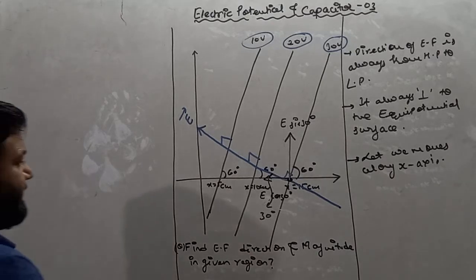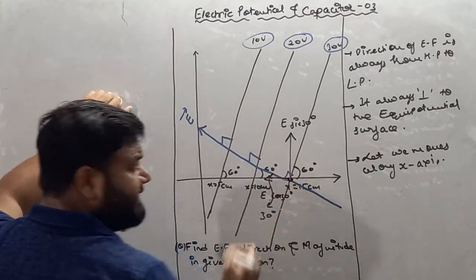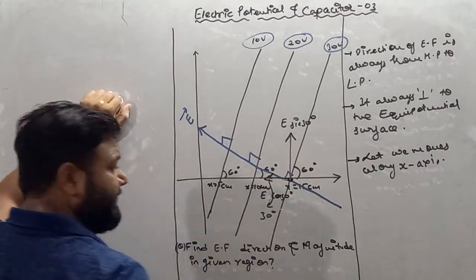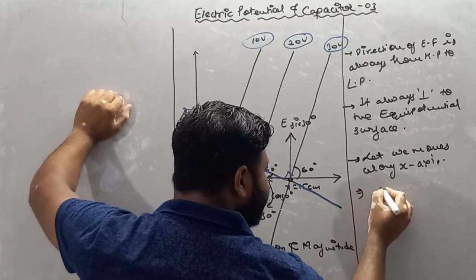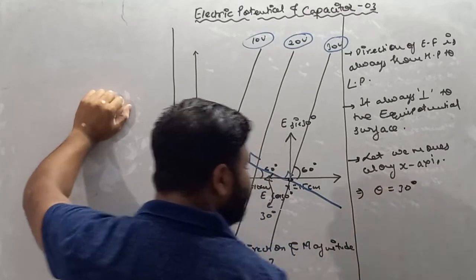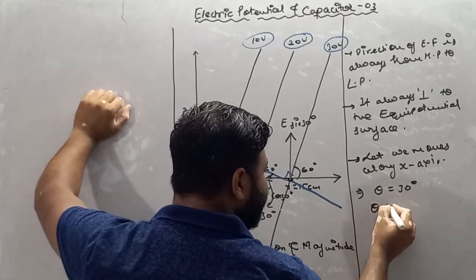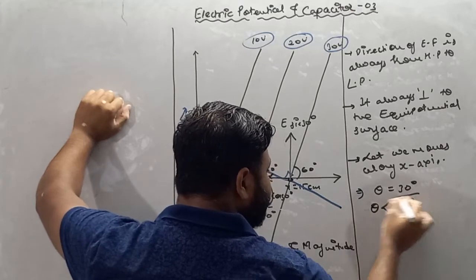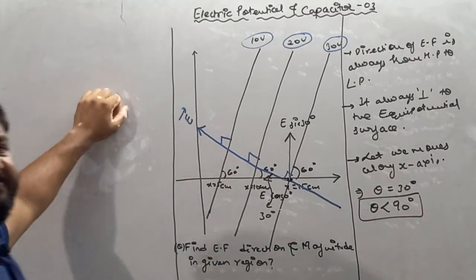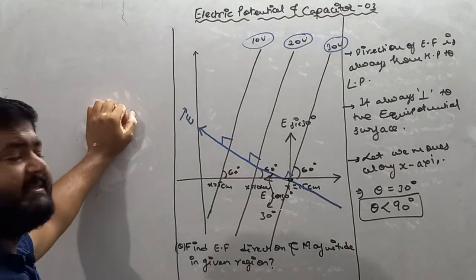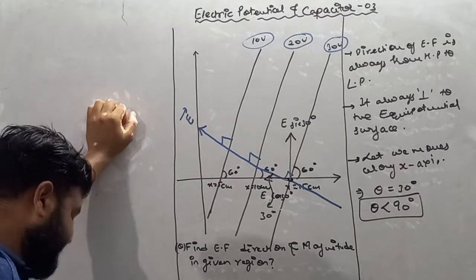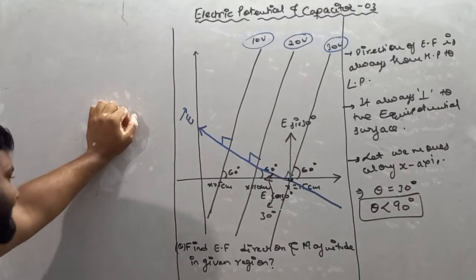Now see, my dear student, this angle which the electric field is making is 30 degree. So theta is equal to 30 degree, which means theta is less than 90 degree. It is obvious that if theta is less than 90, then the electric potential decreases by the factor E d.